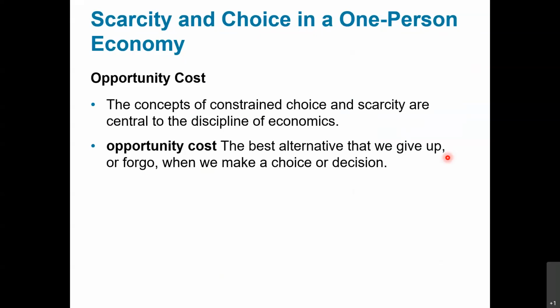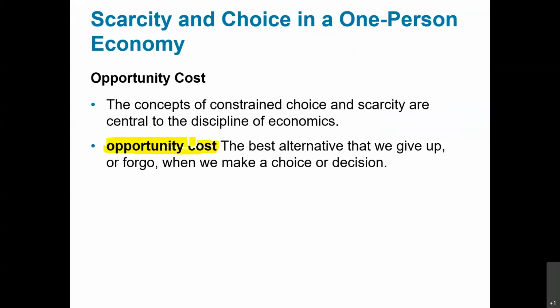Now, Professor Yoder, why do we need a second way of measuring cost? Well, whenever you look at the cost of a good, be it in terms of money or a business opportunity or anything, yes, there's the absolute cost, but human behavior tends to be driven by opportunity cost.